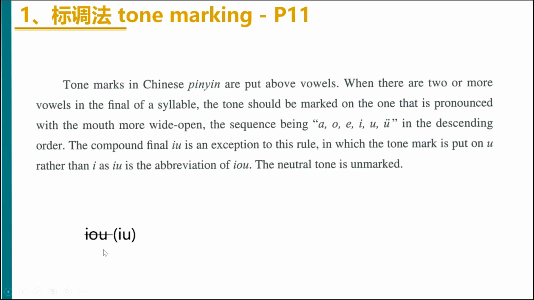But when we are using this syllable, we don't use the first one, we use the second one. So o gives its tone to u. And that's why we need to put the tone mark above the head of u.